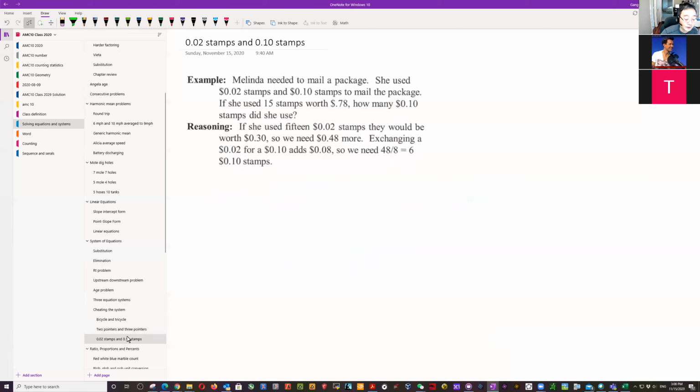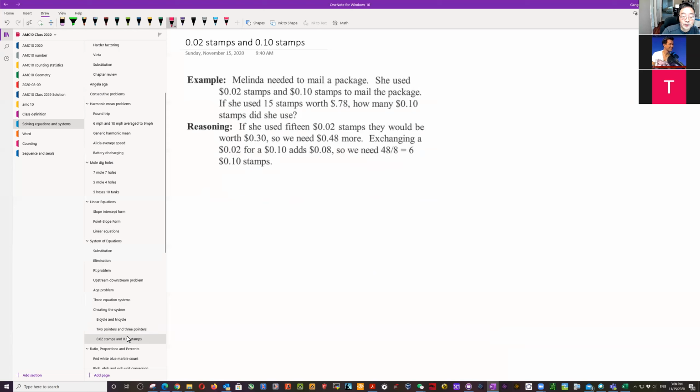Let's say this is the stamp problem: Melinda needs to mail a package. She used 2-cent stamps and 10-cent stamps to mail the package. If she used 15 stamps worth 78 cents, how many 10-cent stamps did she use?